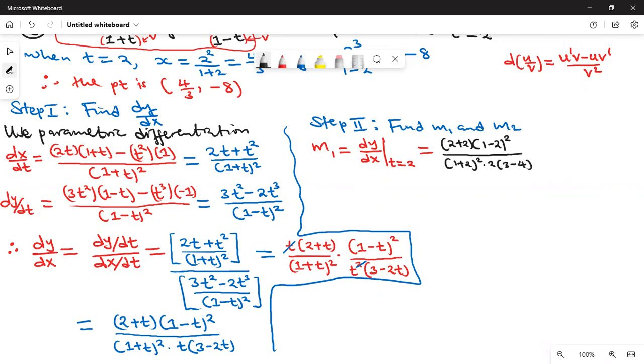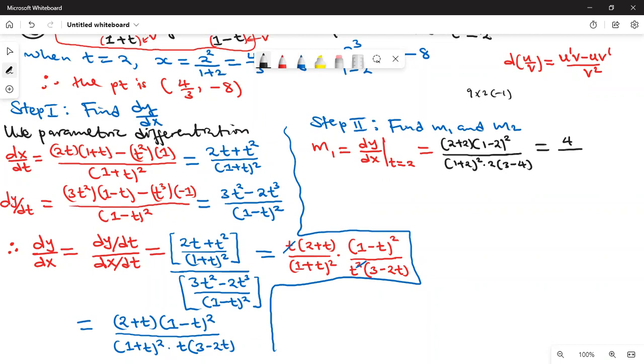Let's simplify this. In the numerator, we'll have 4 times negative 1 squared, which is just 4. What about the denominator? 1 plus 2 squared, that is 3 squared, which is 9, times 2. So we'll have 9 times 2 times negative 1.